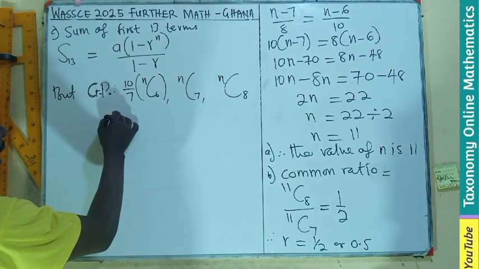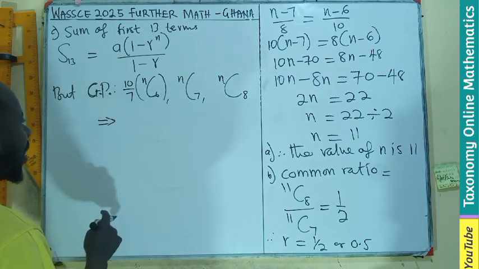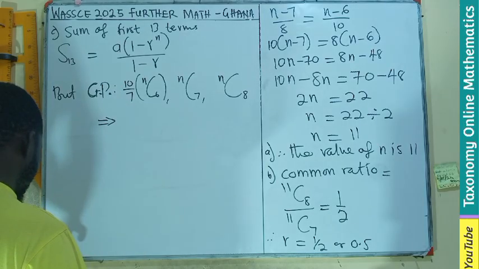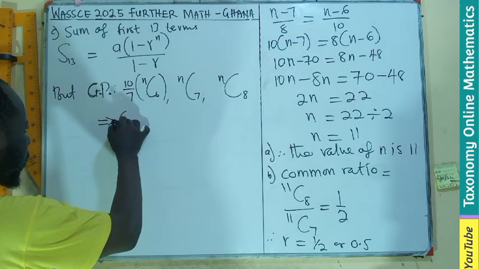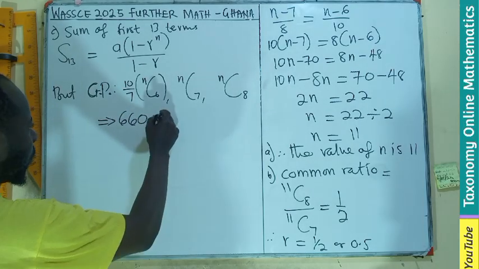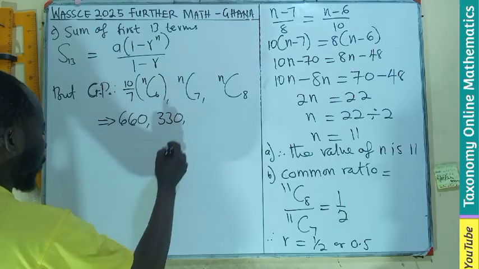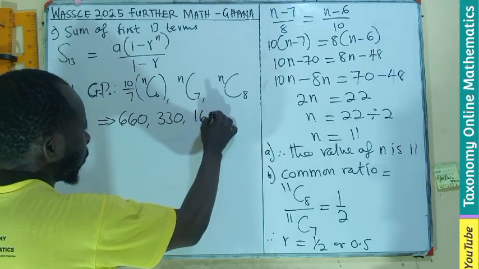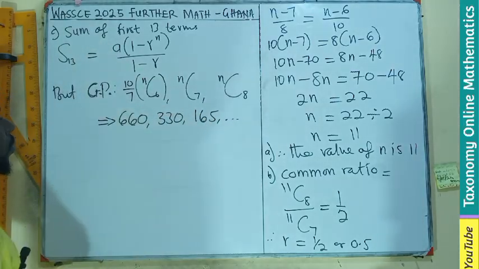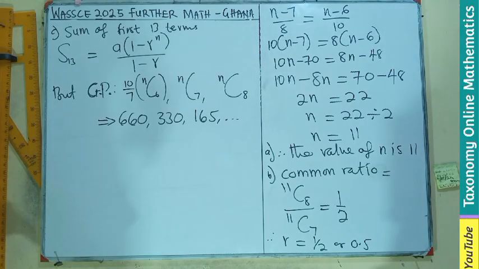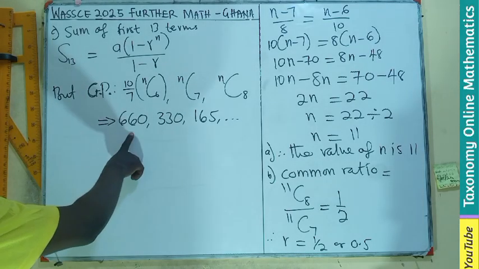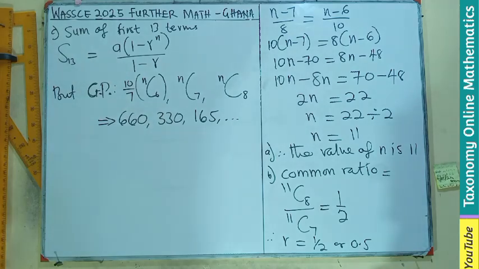Let's put this together in a calculator and see what value we can have. Okay, so this is what your sequence is going to be. So first term, second term, third term in that order.